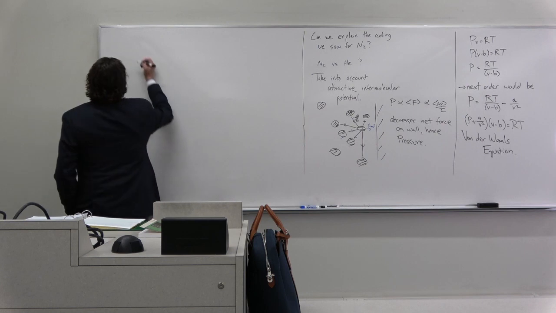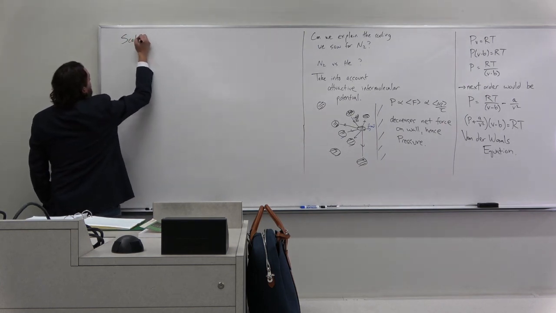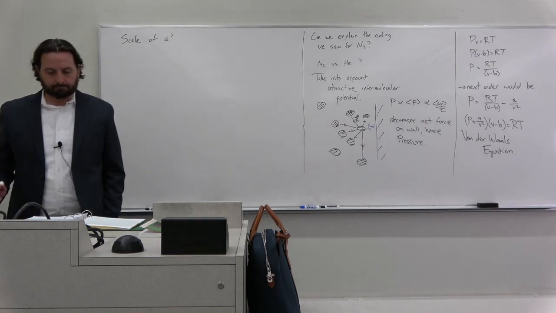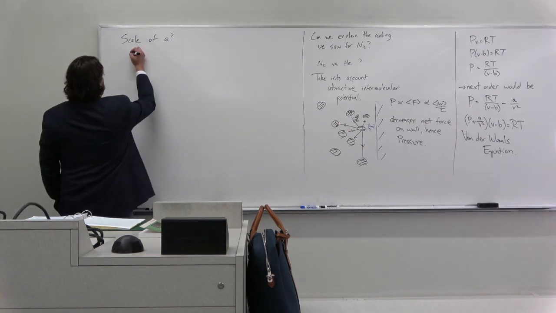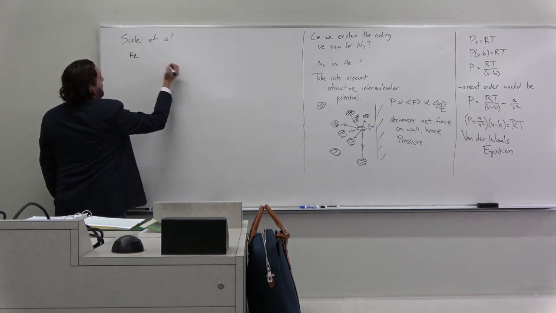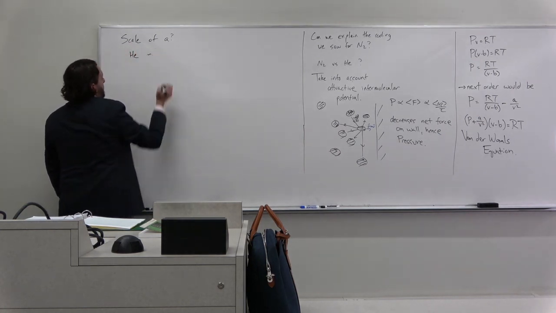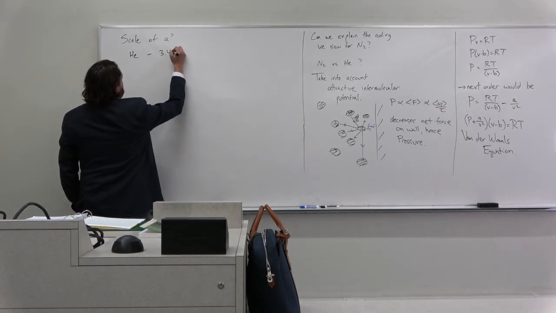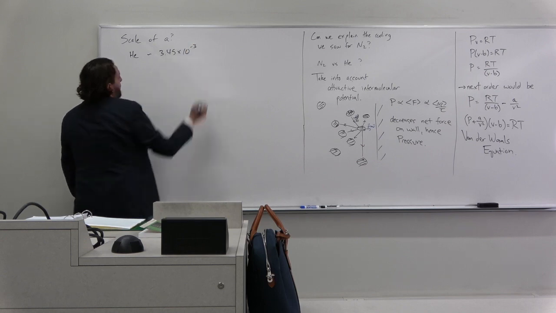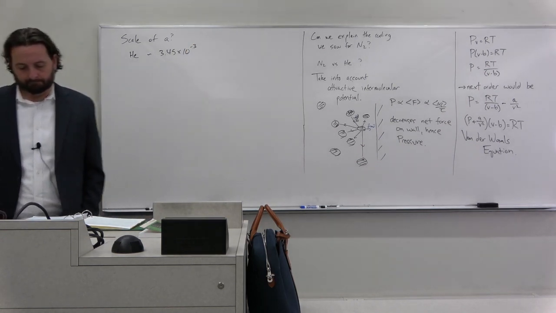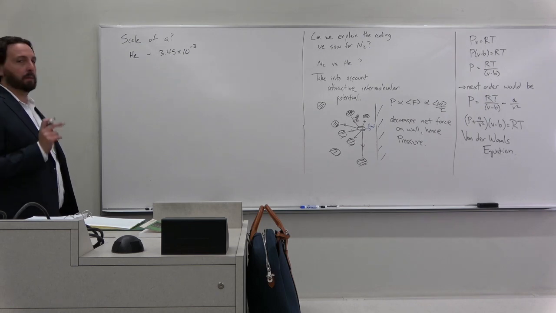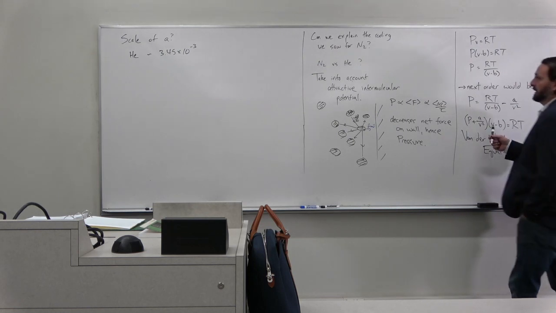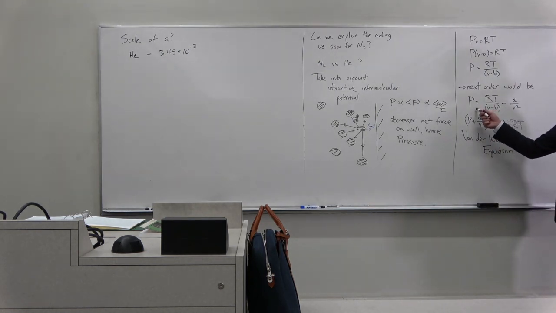I like to always think about what the scale of a is, right? So for helium, a is approximately 3.45 times 10 to the minus 3. Now, wait, what should our units be? Okay, let's check. We're going to need to have pascals in the end.